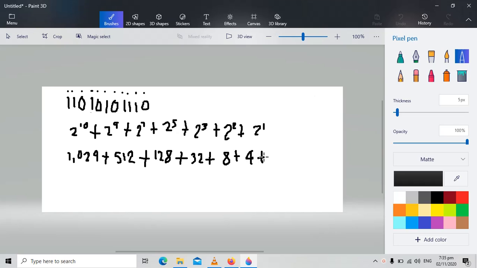And 2 to the power of 1 is 2. Now we have all the add-ins right here, so let's try to add them together.